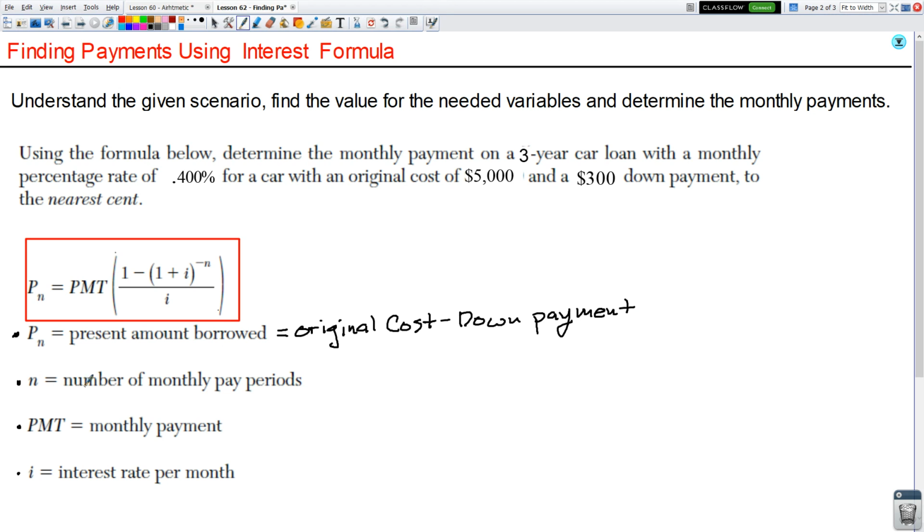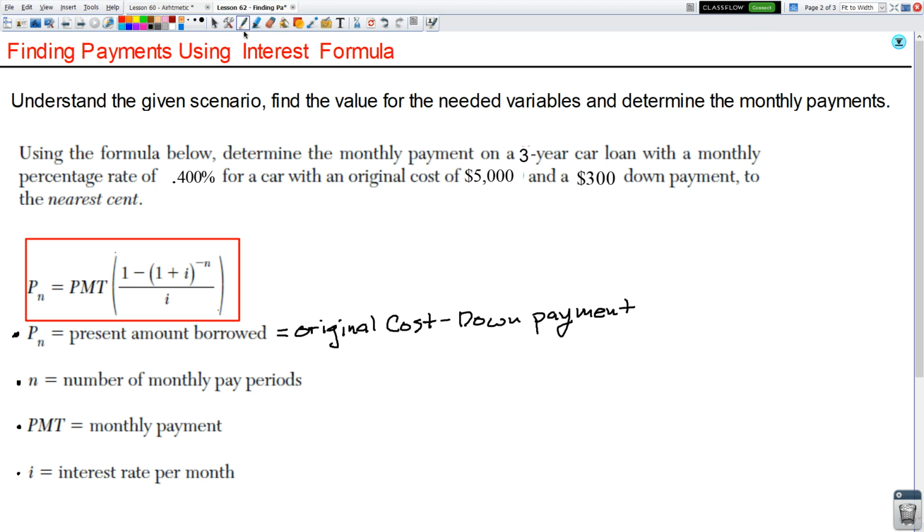N is going to be the number of monthly pay periods. PMT is the monthly payments. And I is the interest rate per month. Notice that in this equation, there are only 4 variables present, and this is what each of those variables represents.